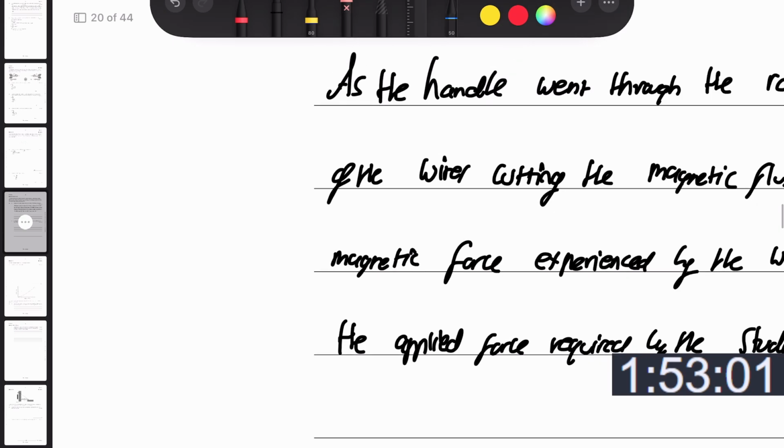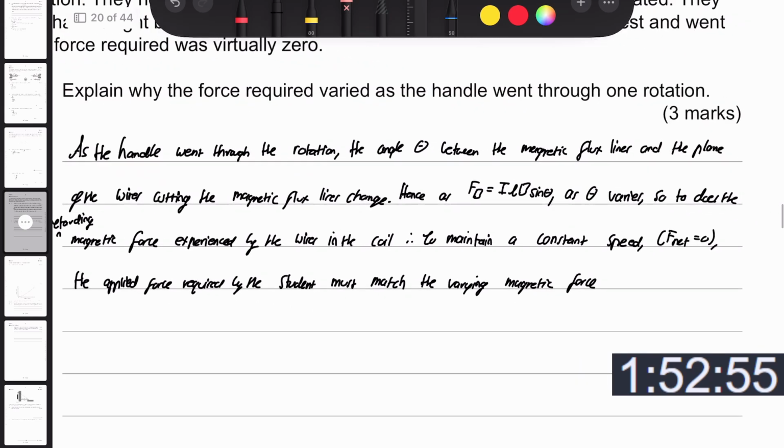So too does the retarding magnetic force. Match the varying magnetic force.